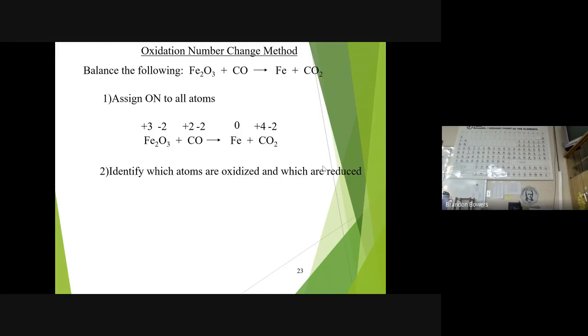Yeah, Dawson. What's Fe again? Iron. Iron's being reduced from 3 to 0. Very good. All right, what's being oxidized? Somebody else. C? C's being oxidized because it changes from 2 to 4. You're exactly correct. You guys see that? That's step 2. We did step 1 and step 2 already.